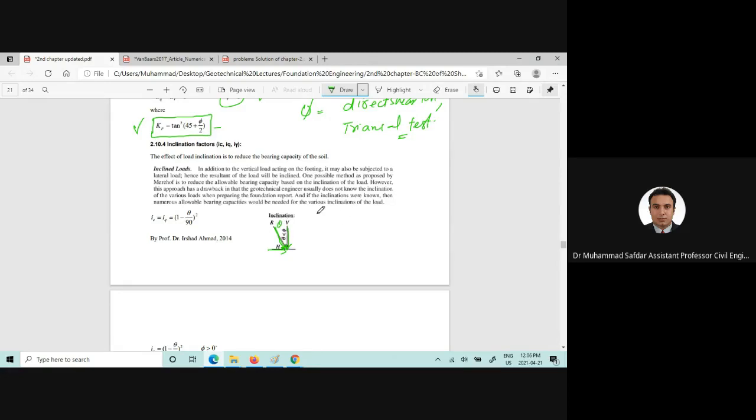Now, how the horizontal load and moments are generated, that is due to the wind loading which acts on the superstructure.